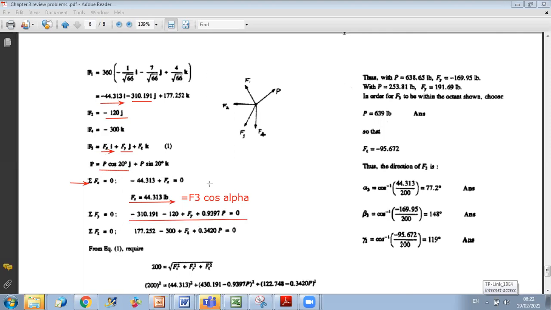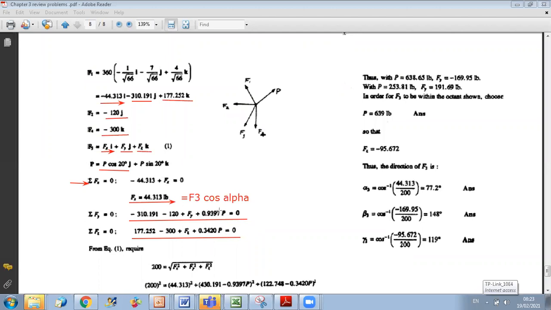In this equation, we have two unknowns, which are F3y and P. Now, we continue with sum of Z equal to 0. We take the Z components of all forces. So we have 177.252, we have minus 300k, which is F4, and we have F3 along Z. So plus F3z equals 0.